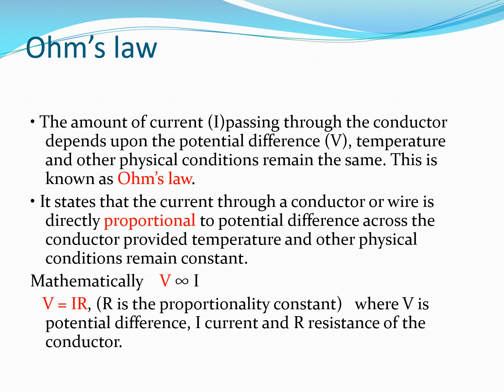So, the more powerful the battery is, the brighter is the glow of the bulb. From there, we understand that the input and output are directly proportional. So, we can conclude that the amount of current passing through the conductor depends upon the potential difference. Potential difference is the input.